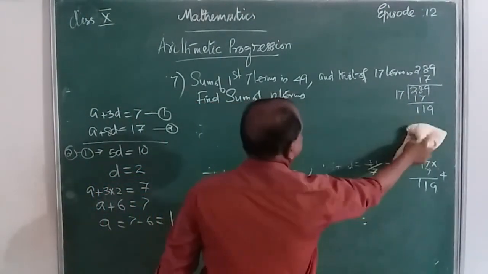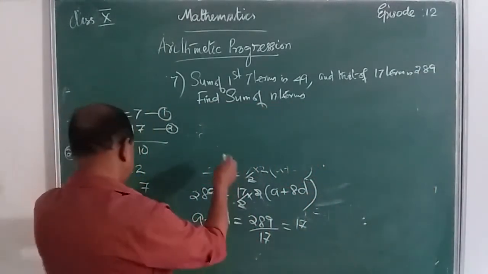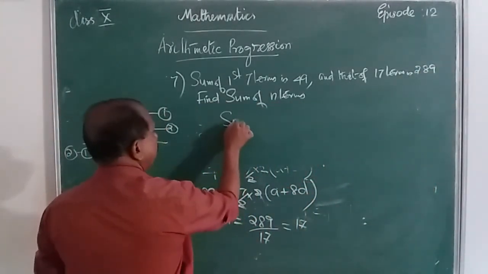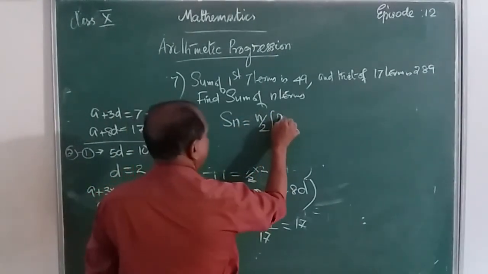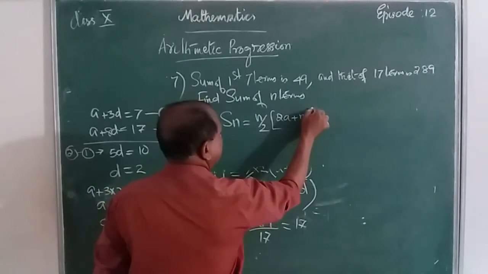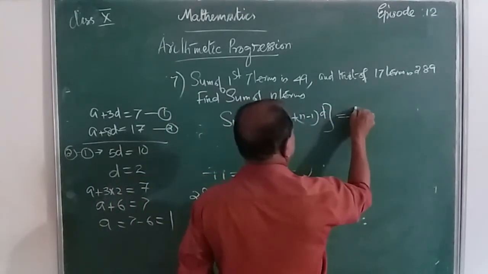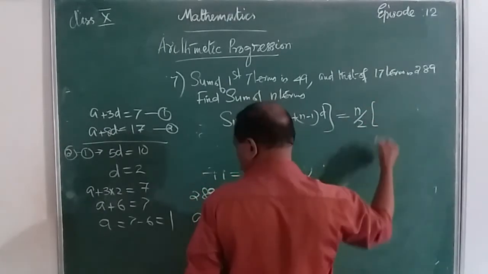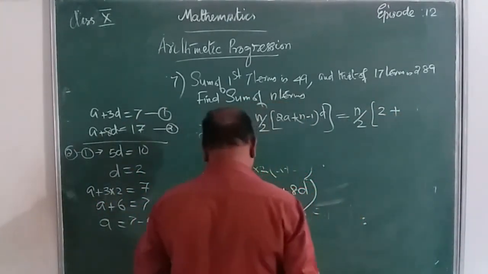Therefore, Sn is equal to n by 2 into 2a plus n minus 1 into d, is equal to n by 2 into, what is a? 1. 2 into a, 2, plus n minus 1 into d.